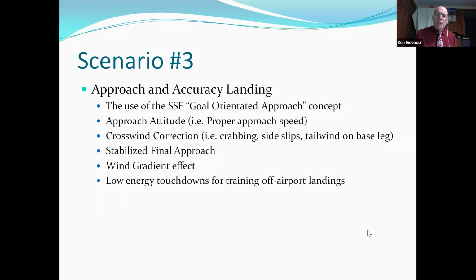Then they turn on the base leg, and suddenly they realize they're way too close, and now they've got a tailwind on base leg, and it tends to blow them past the center line of the runway, and you end up turning on the final from a downwind position.